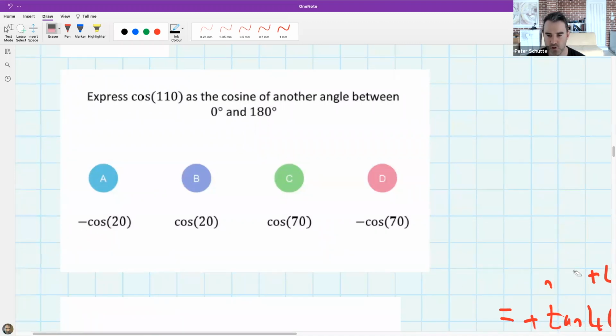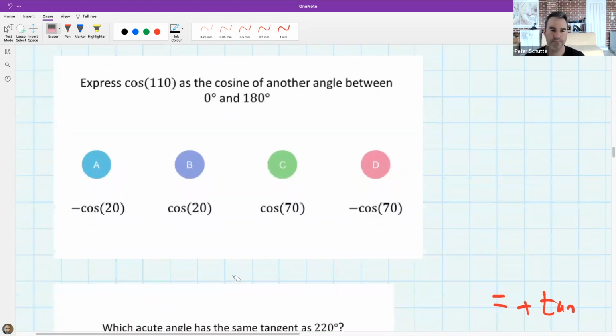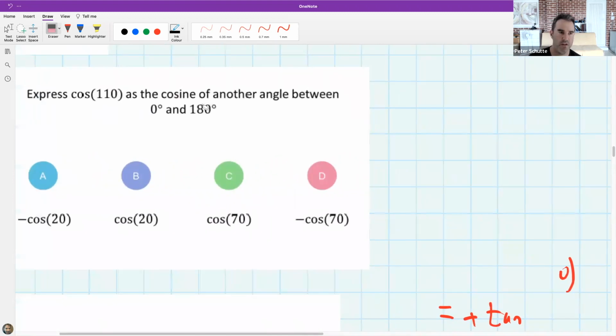And I want you to use the 4 options to decide which one you think is correct. Which one do you think it is?